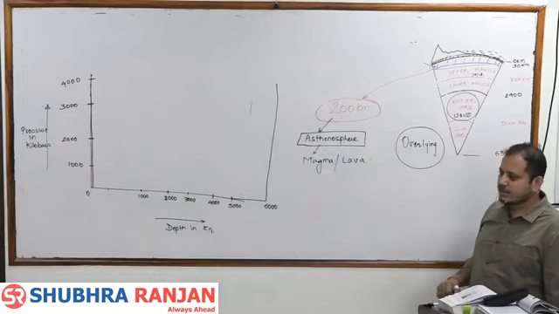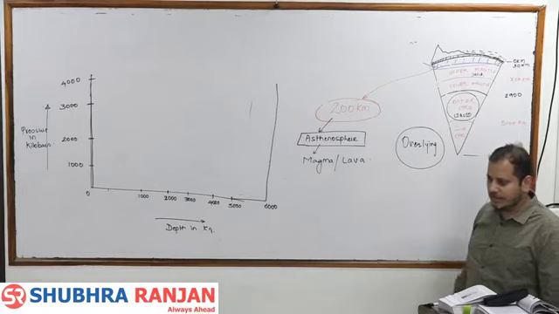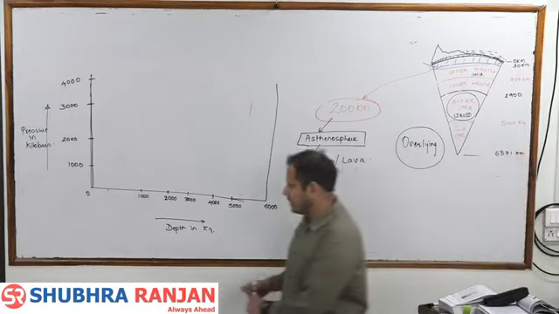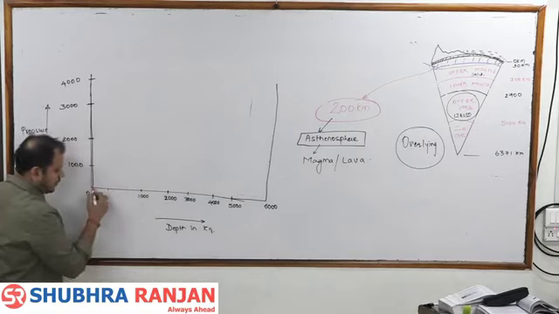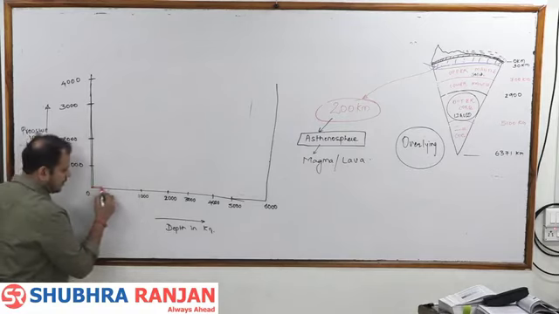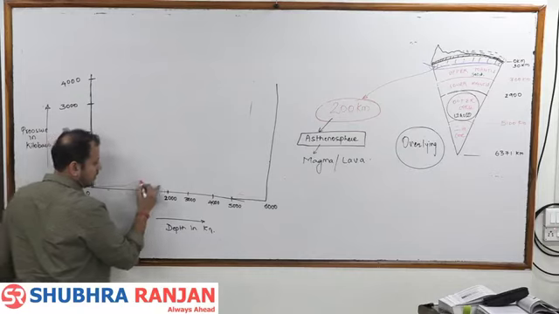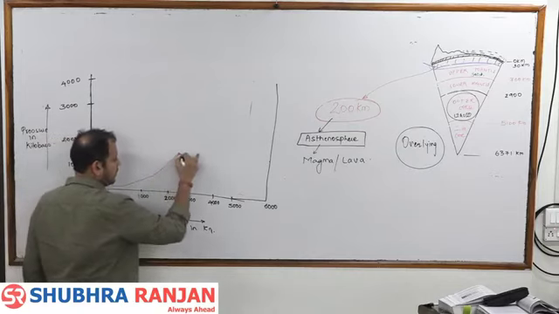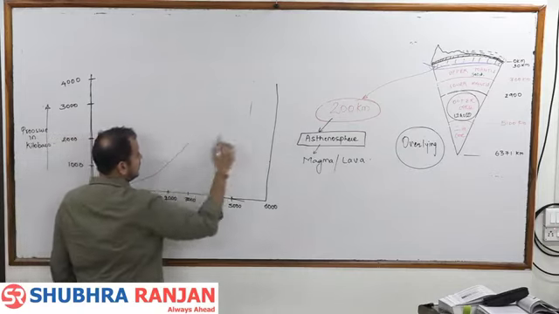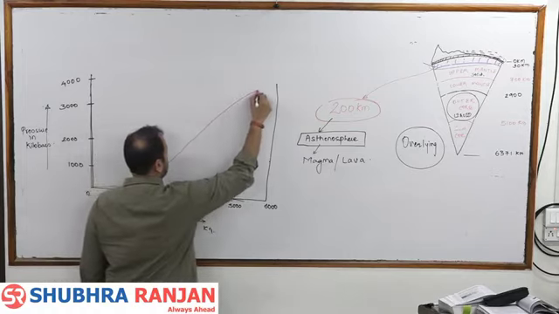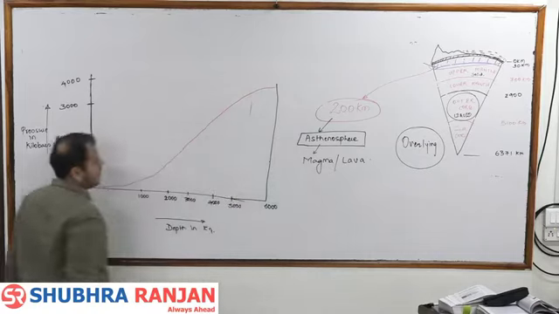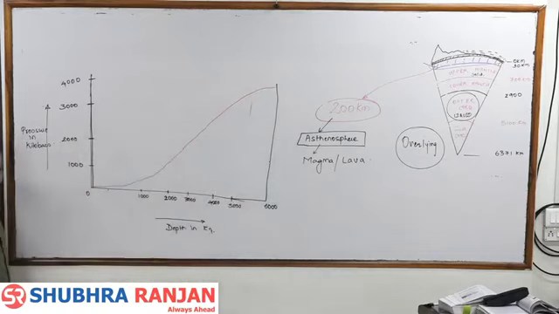Yeah, rising very constantly. At the depth of 0 kilometers there is very little pressure. But at 1000 kilometers the pressure increases. At 2000 kilometers the pressure will again increase. Where does the core start? At 5000 kilometers, and thus pressure will be maximum at the core. This is a graph of pressure and depth.